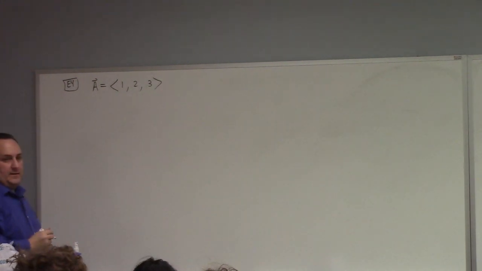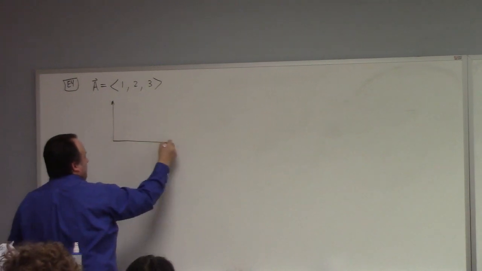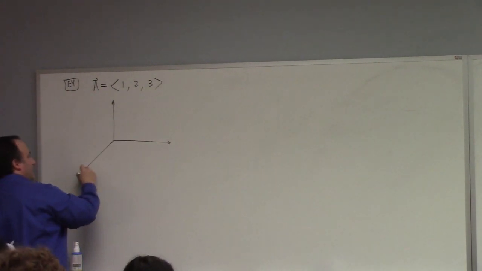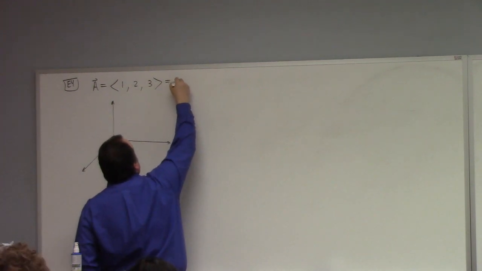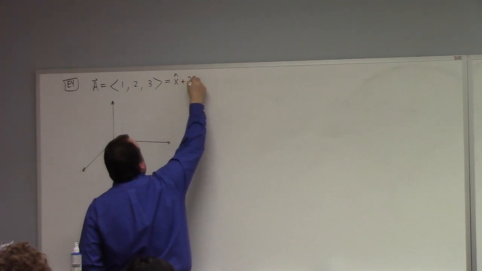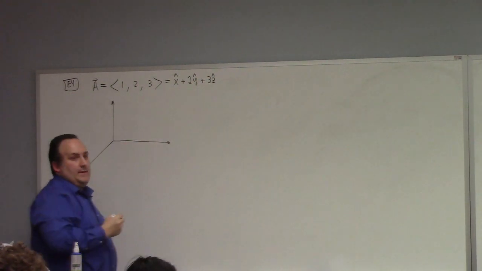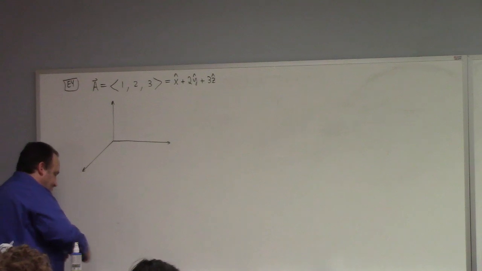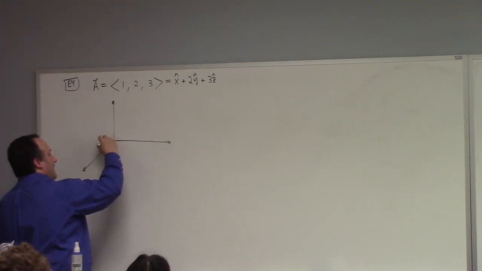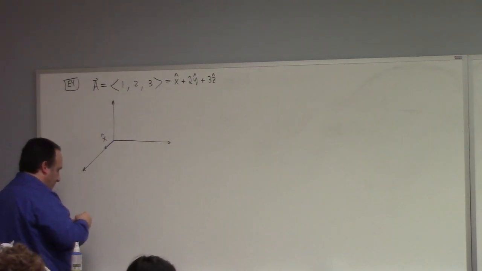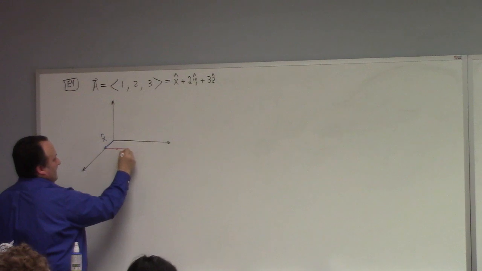All right. Let me just try to explain for a second how I visualize that. I can write this as x hat plus 2y hat plus 3z hat, right? And the way that works is I go 1 x hat over, right? And then I go 2 y hats this way, right?